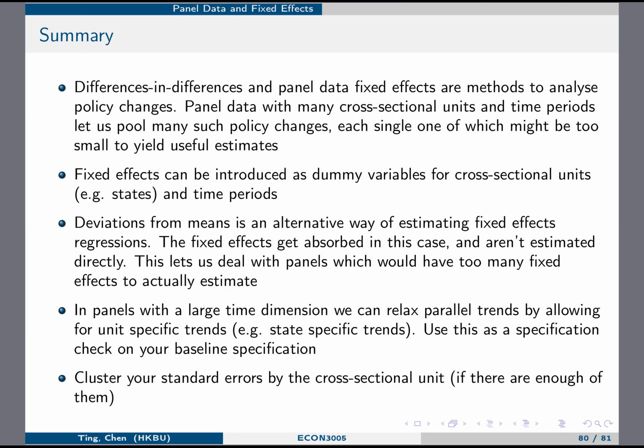In these cases, we need to cluster our standard errors. We cluster the standard error by the cross-sectional unit. If you have enough cross-sectional units, normally more than 20, it will be a wise strategy to do that. Normally, by clustering your standard error, you will come to have a larger standard error. And by that, you will have a smaller t-value, meaning that you're less likely to make type one errors in your statistical testing.